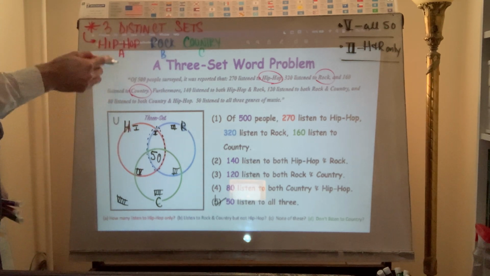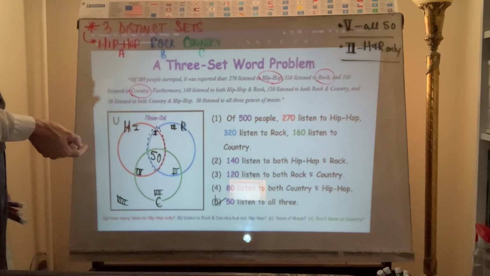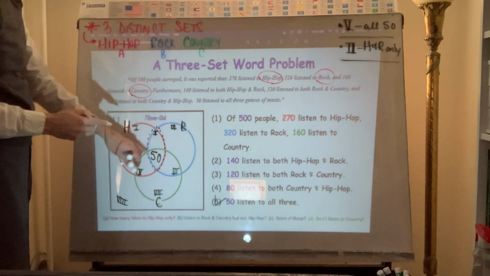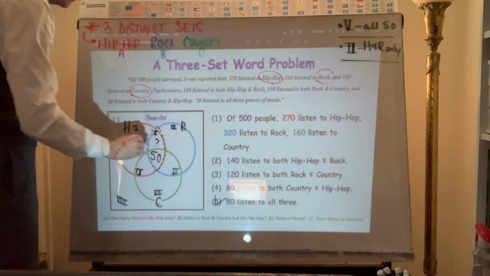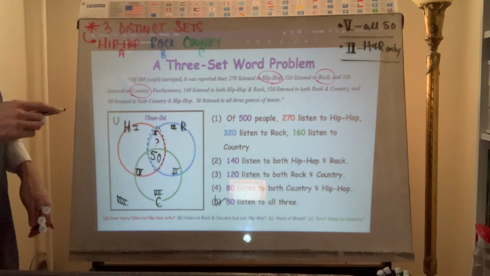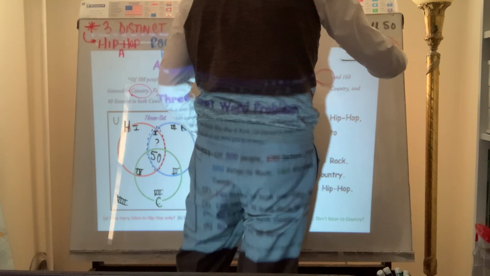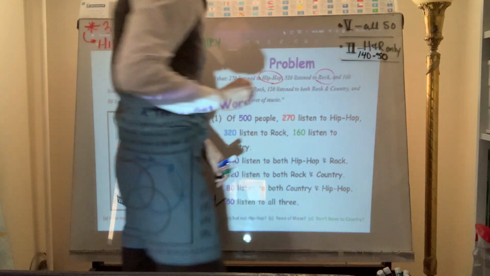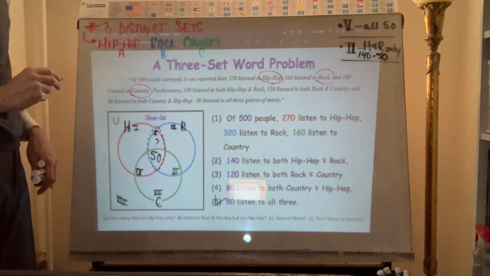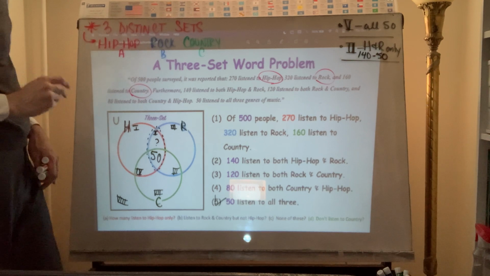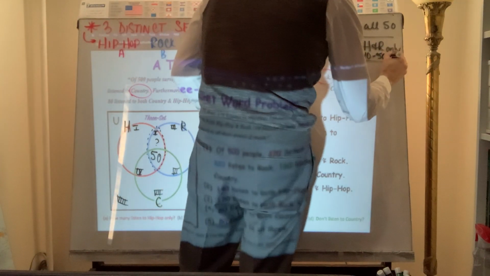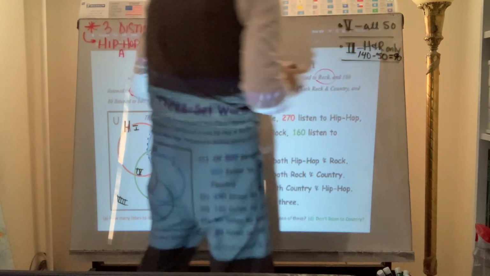If we want hip hop and rock exclusively, all right, what we need to do is to subtract from 140. So this would be essentially 140 minus 50. And it would be hip hop and rock only then. That would be the 90, the balance.